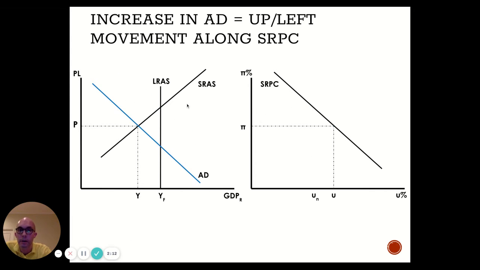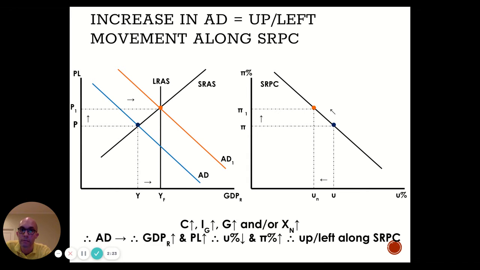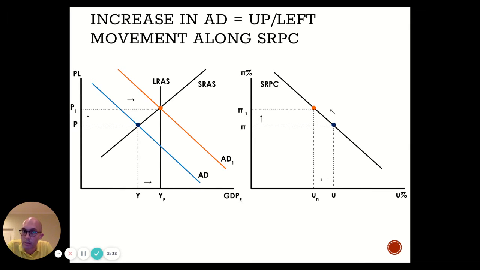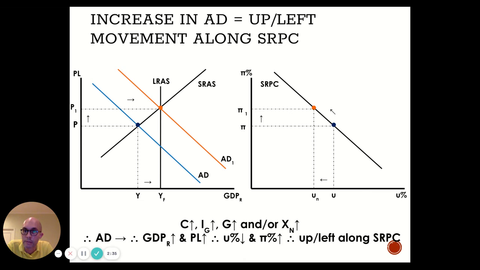So if we go back just once again, follow the orange. So the increase in aggregate demand on the left leads to an increase in inflation on the right. So while they're not entirely equivalent, they do mirror each other in some respects.